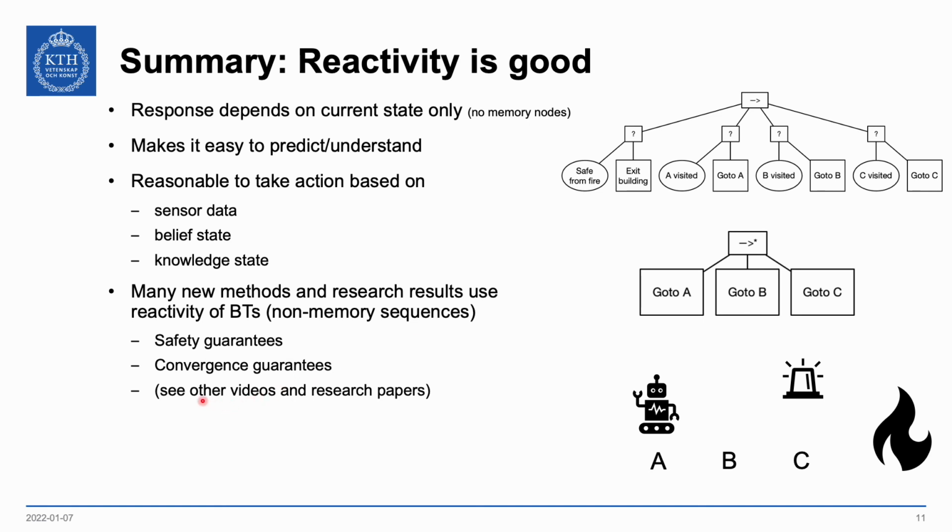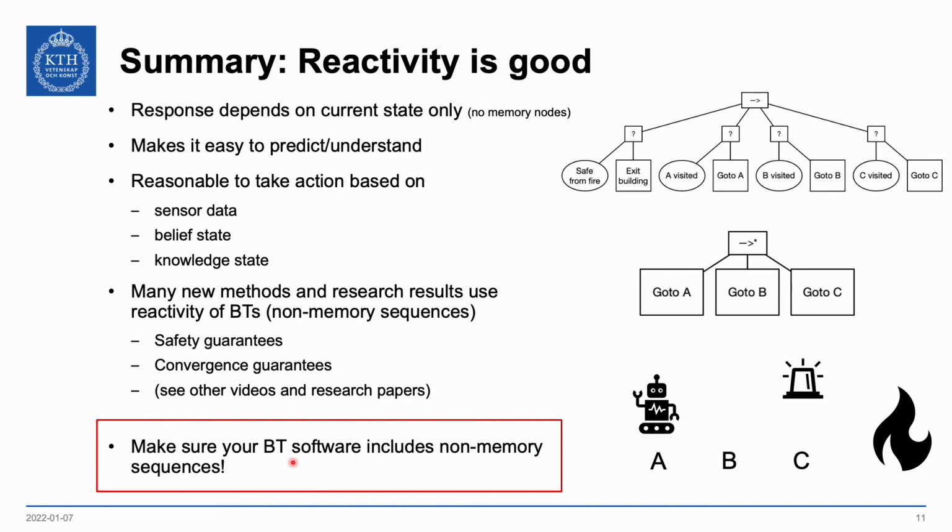If you want to see examples of that, you can check other videos and also research papers by different researchers in the field. So make sure your BT software includes non-memory sequences. This is the take-home message. And I would advise you to avoid the memory nodes. But obviously, you can choose your own path in the pursuit of happiness.